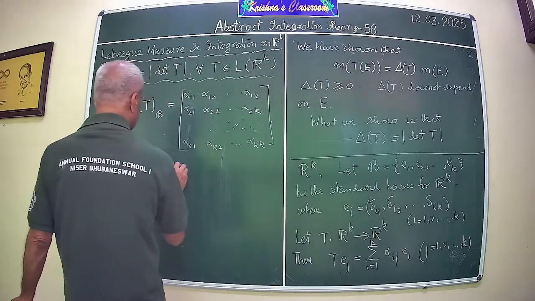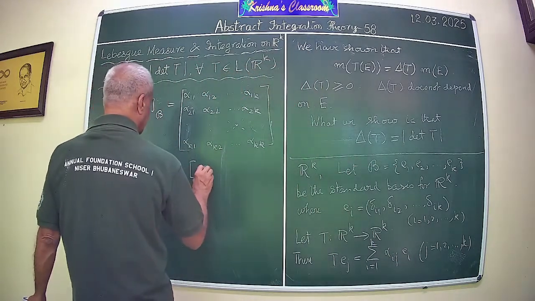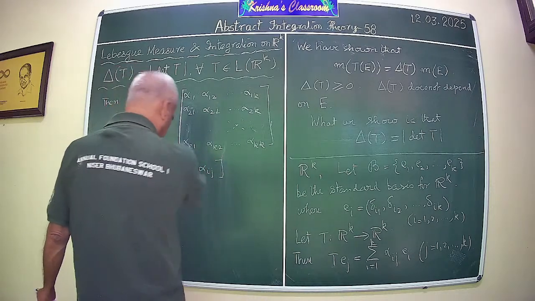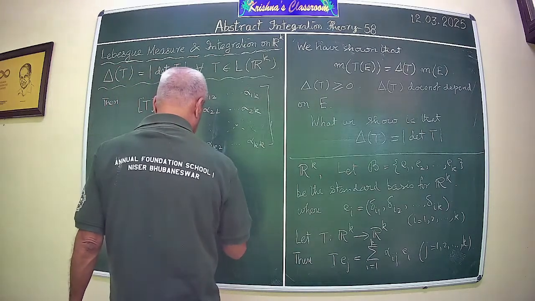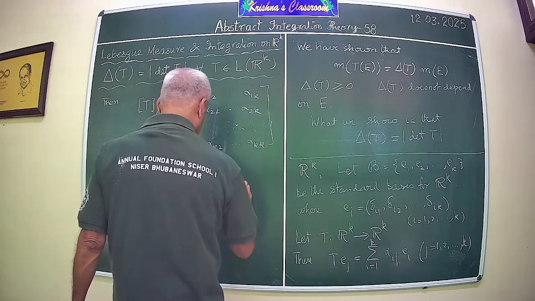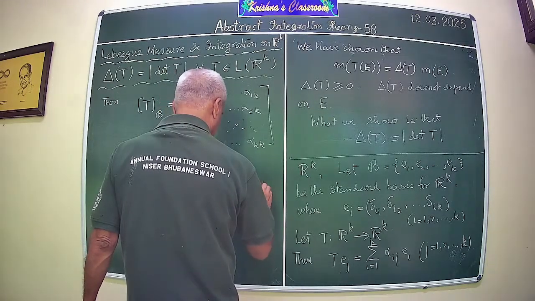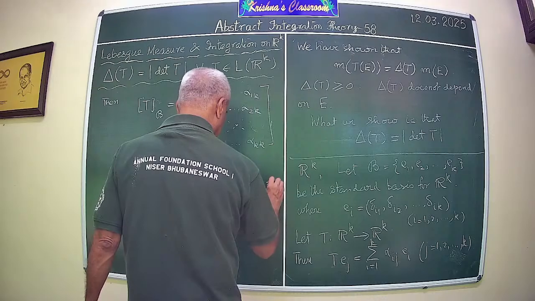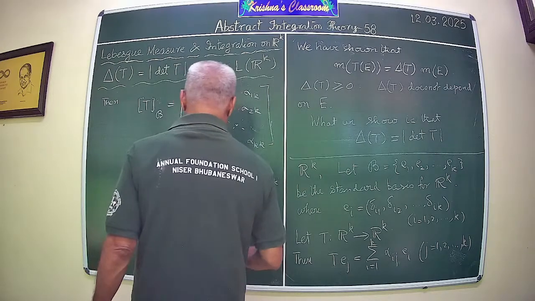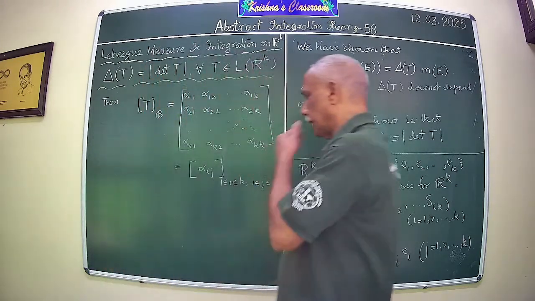Of course, we designate it by alpha. So this is a k by k matrix that you have.